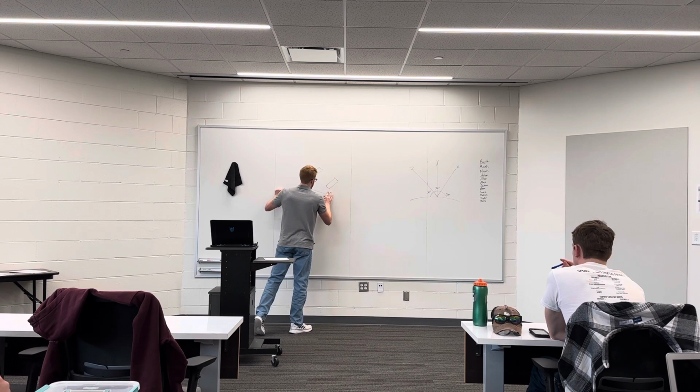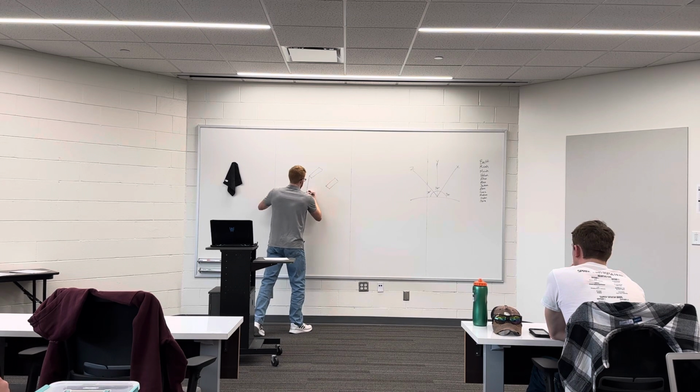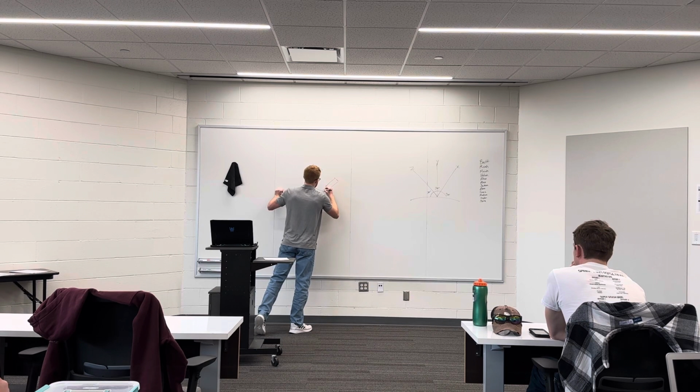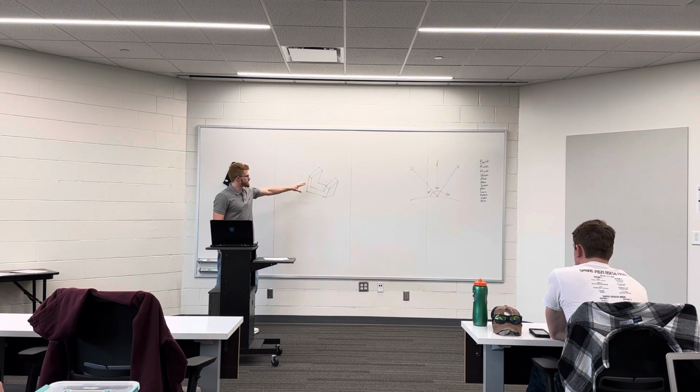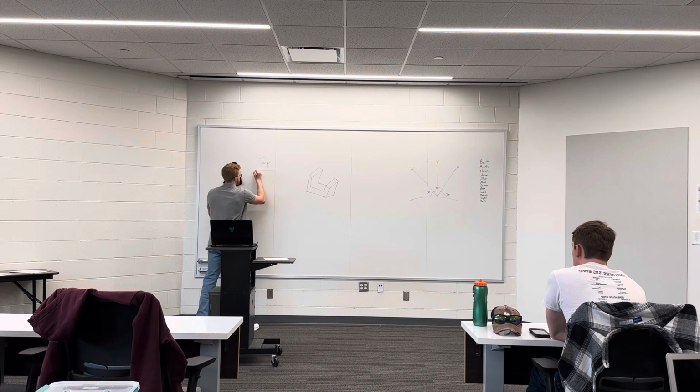Stay with me here, sorry. So this object has a cut right through the middle. So our top view will just be a square with the lines, because that's what you would see. The front view would look like a U, because it has that cut.